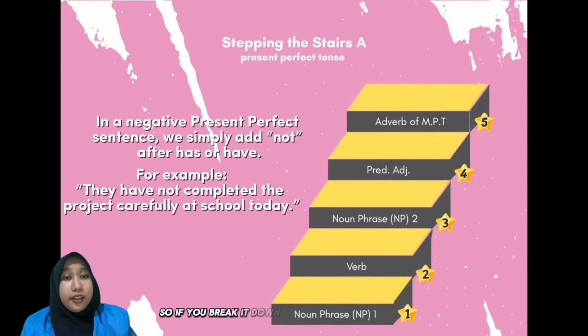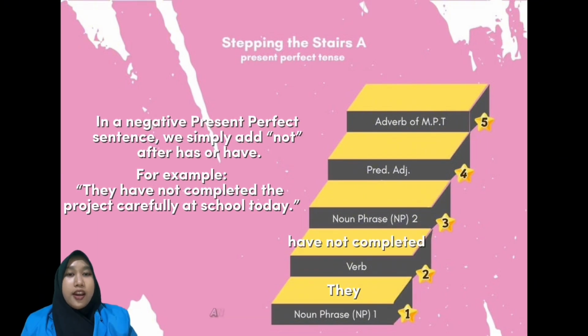So, if we break it down using stepping the 5 stairs A, the first step, the noun phrase 1, NP1 is they, and then the second step, the verb is have not completed, and then NP2 or noun phrase 2, the object is the project.